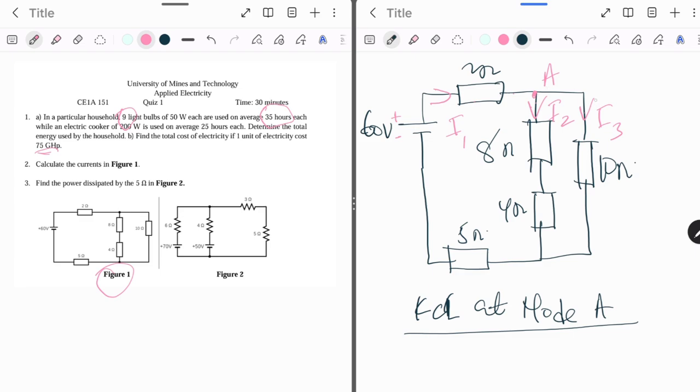So I1 is entering node A, and then I2 and I3 are leaving, right? So I can write that I1 is going to be equal to I2 plus I3.